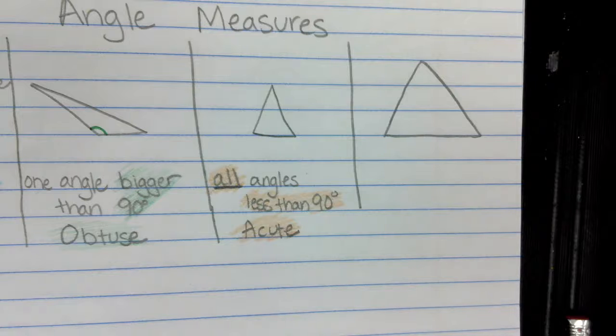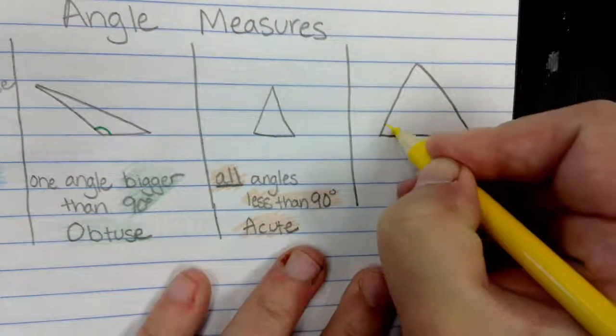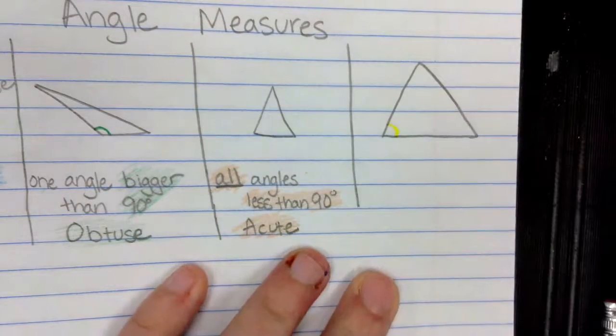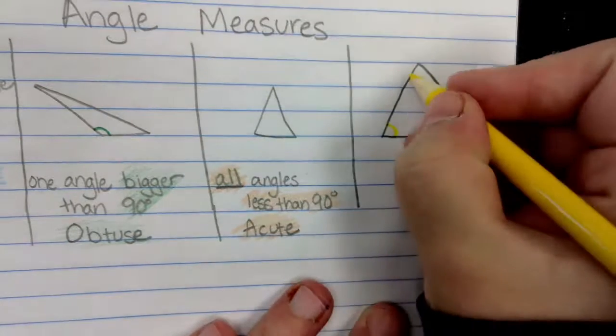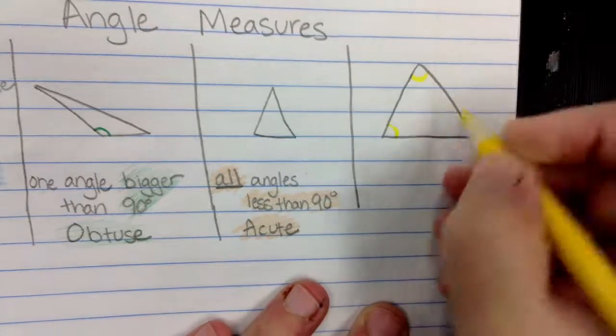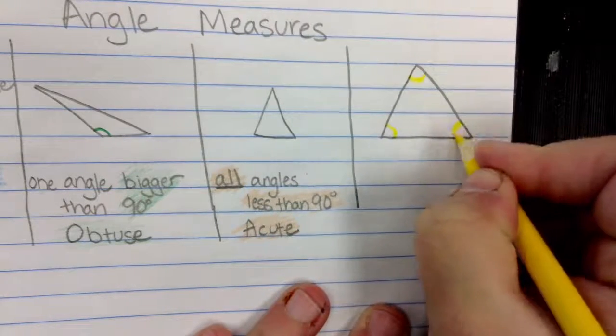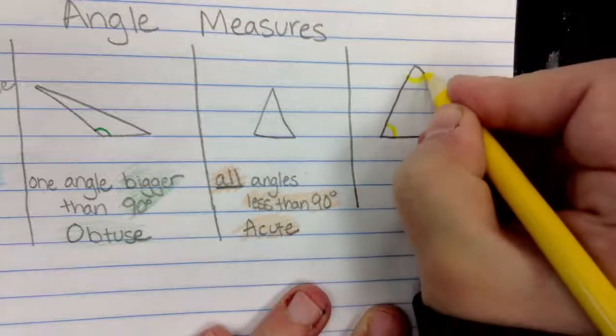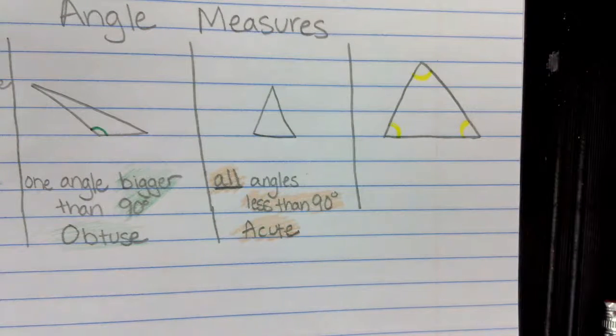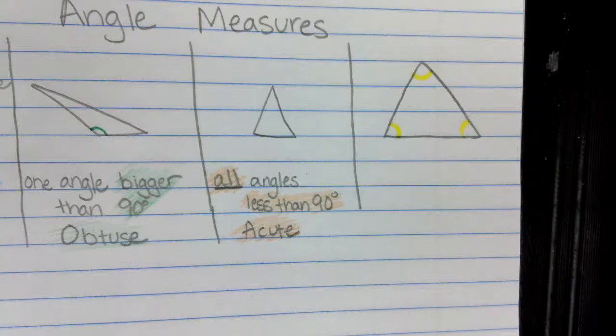Okay, to show congruent, we use those arcs. And if they all have that arc, that means they are all the same. Doesn't matter how I drew it because I marked it, and now it's official. Fun fact, you can draw whatever you want, but if you mark it, then it means they have to be the same, even if it doesn't look like it.